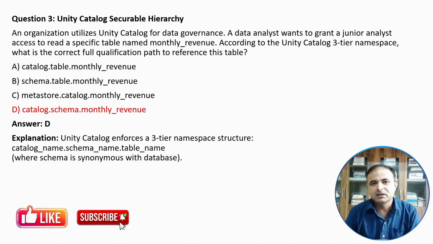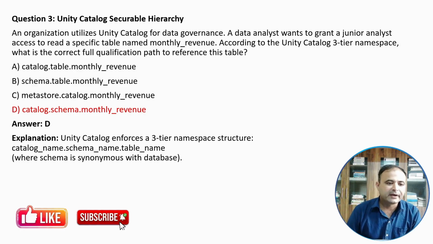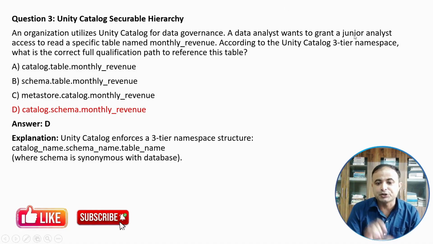Now a related question on Unity Catalog. An organization uses Unity Catalog for data governance, and a data analyst wants to grant a junior analyst access to read a specific table named monthly revenue. According to the Unity Catalog three-tier namespace, what is the correct fully qualified path to reference this table?